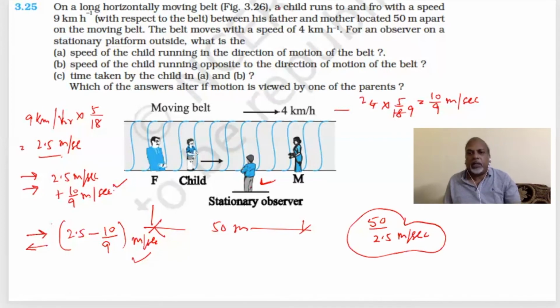Whether the belt is stationary or moving, the distance between the parents is not changing because they are also standing on the belt, so this remains unchanged, and this is the time he will take to cover this distance.